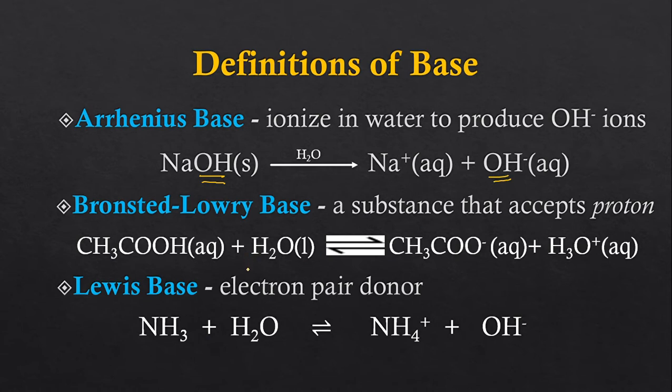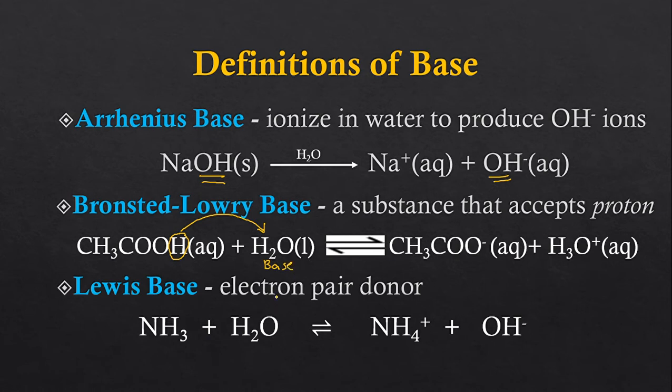Okay? Now, dito naman, sa Bronsted base, siya naman yung substance na nag-accept ng proton. So, since itong nag-donate ng proton, itong si acetic acid, nag-donate ng proton, mag-act siya as a base in this case.